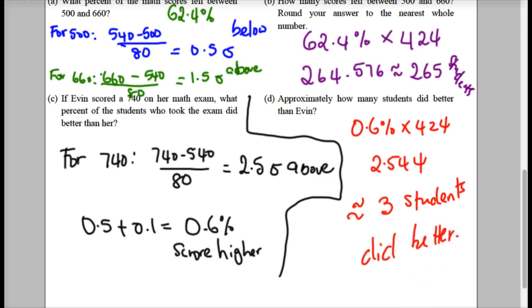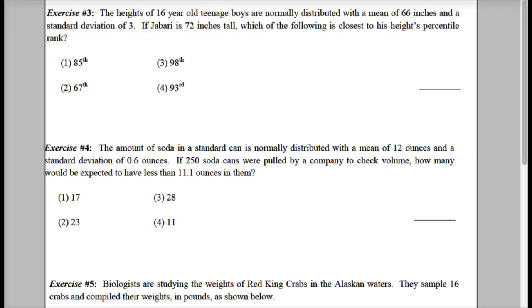Okay? Now let's move on. We have exercise 3. The heights of 16-year-old teenage boys are normally distributed with a mean of 66 inches and a standard deviation of 3. If Jabari is 72 inches tall, what is the closest to his height percentile?